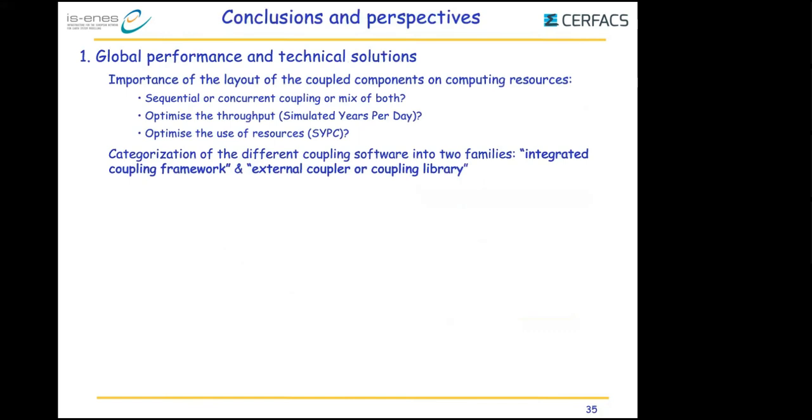Okay, so I guess I'm done. So I will just conclude. As I said, in the first part of the talk, I talked about global performance and technical solutions. I tried to insist on the importance of the layout of the components on the computing resources to get an efficient coupled model.